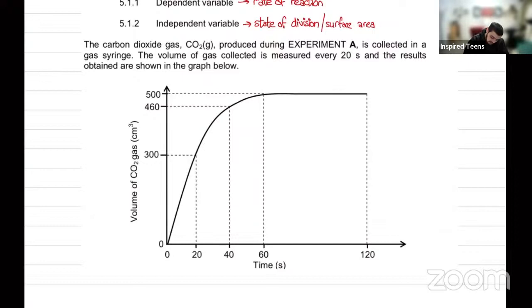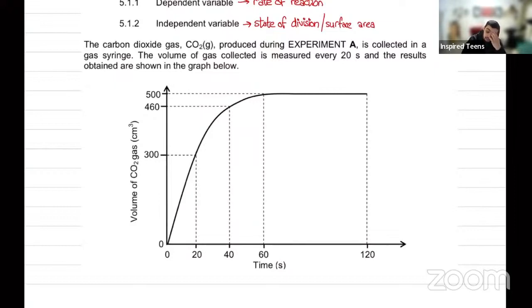Because we see an increase in volume, therefore it's a product. It's not being used up, it's being formed. Secondly, you should be able to tell that overall, this is a decreasing slope graph. So the rate of the reaction is decreasing as we go with time.